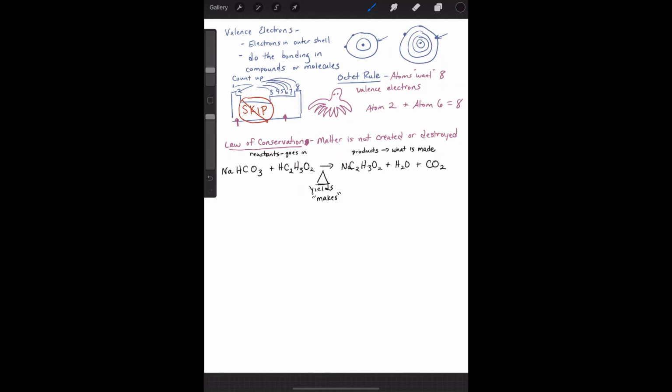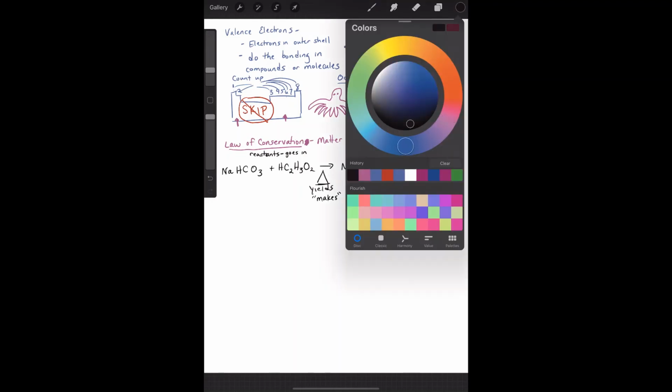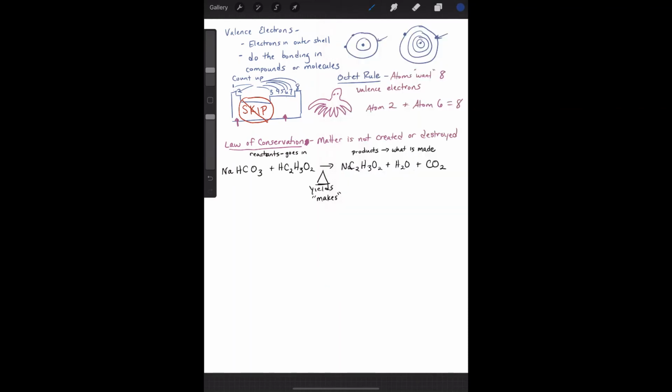So I know that the same thing on one side has to be on the other side. So let's take a look. First, I have 1 sodium here and 1 sodium here. If I drew a balance right here, I didn't draw it very straight, that's okay. If I have 1 sodium here, then I would have to have 1 sodium on this side.